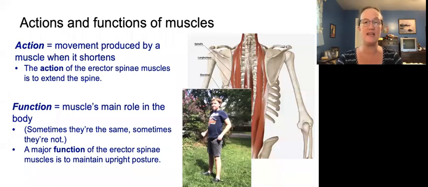So to help us maintain upright posture requires activity from those erector spinae muscles. Without the erector spinae muscles being active, Danny would sort of flop over forwards. But one of the important functions of those muscles is to hold him upright, even though there's no movement happening there. So that leads us to say, well, how is a muscle contracting when there's no movement happening?